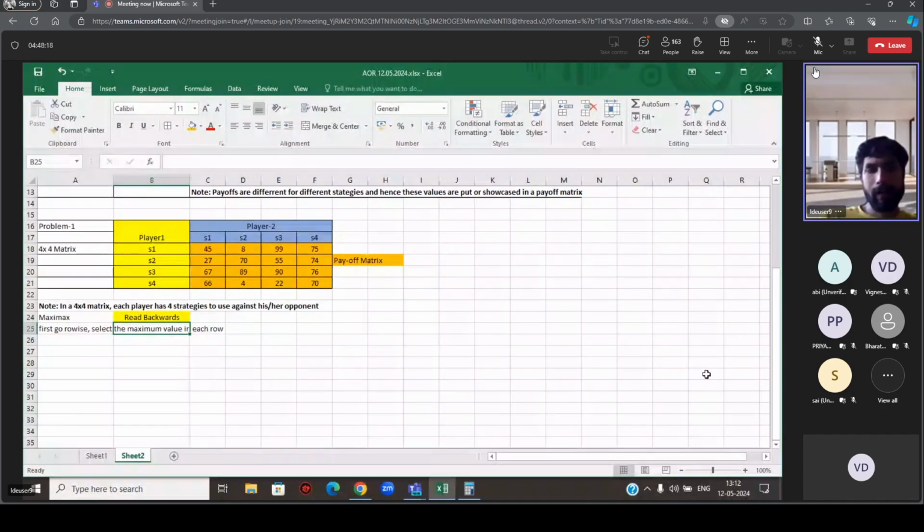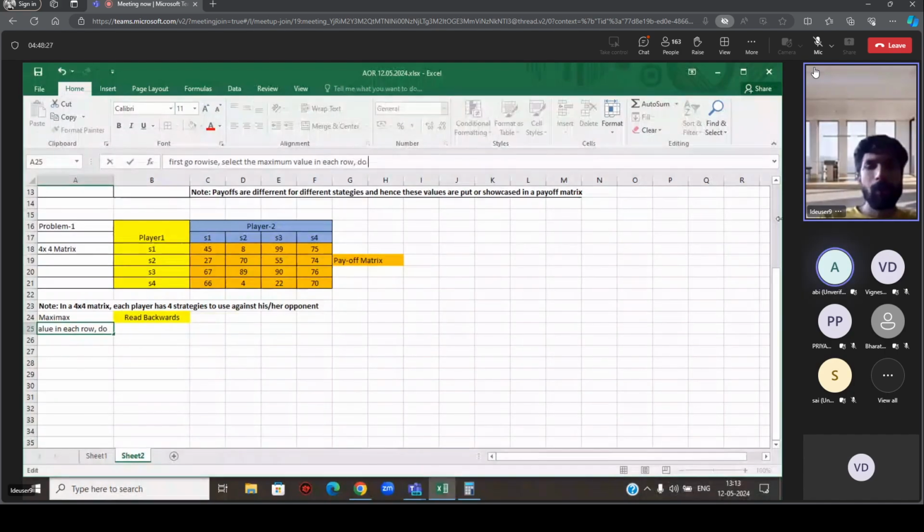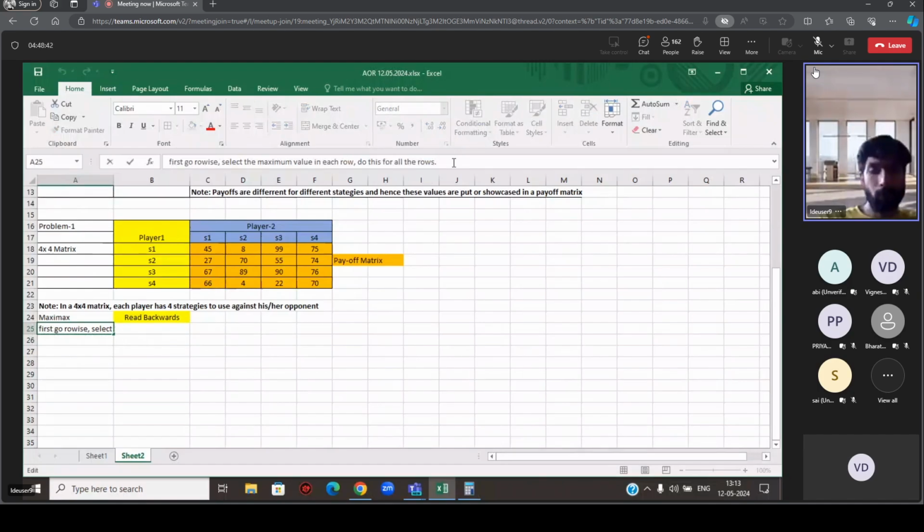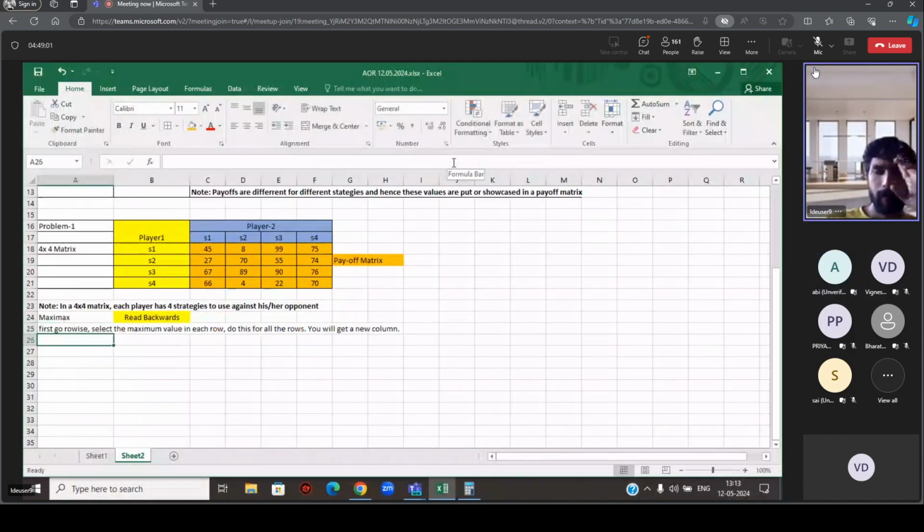First, go row wise. Select the maximum value in each row.